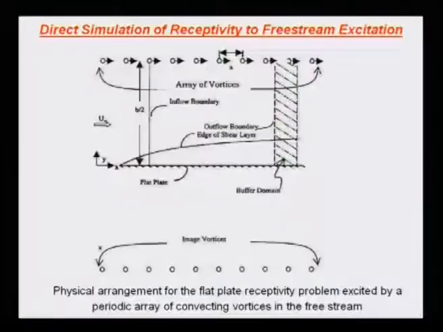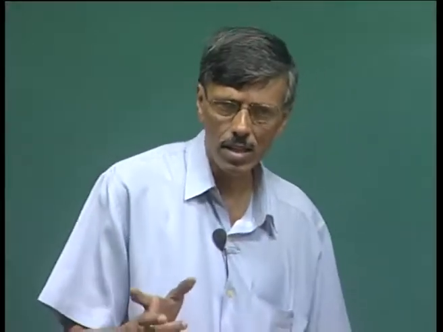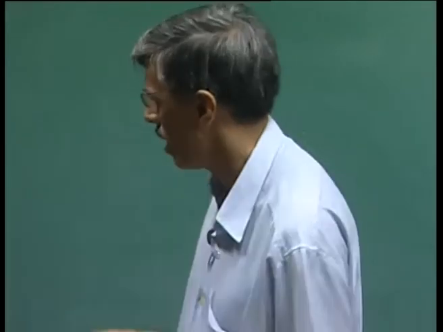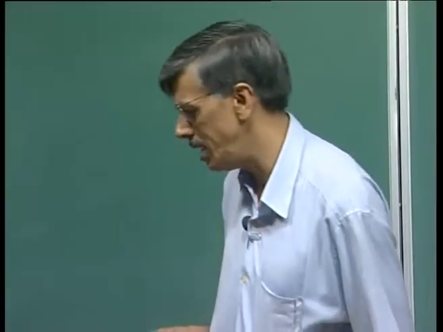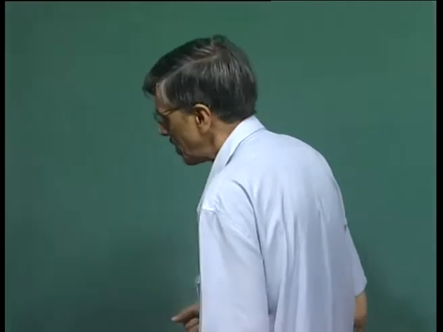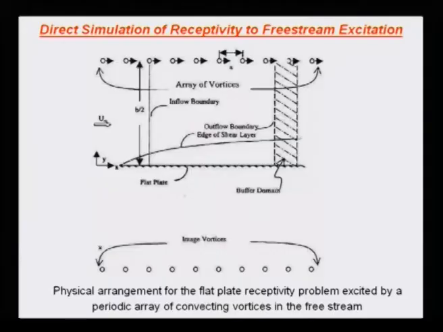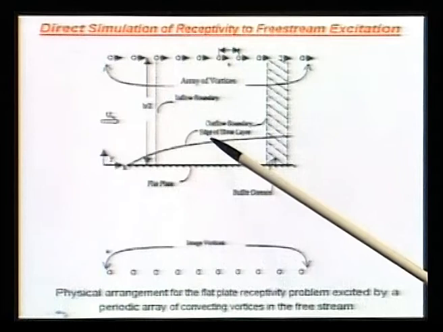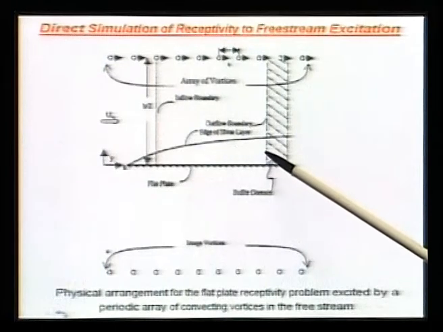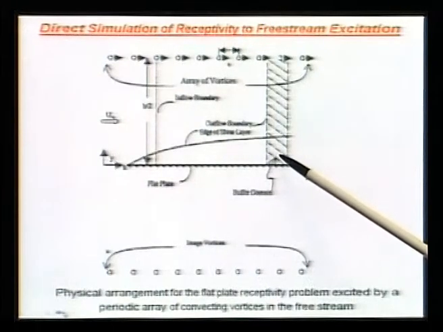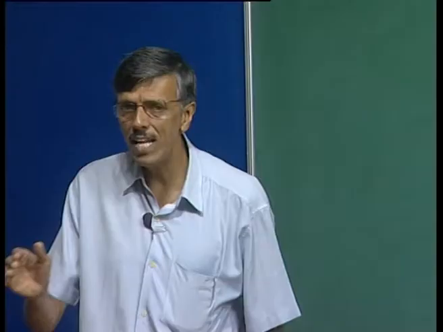The hatched area indicates it's a buffer layer. What does it do? It basically does the following: any disturbance that is created and will move downstream, when it approaches here, that disturbance should cleanly go out.